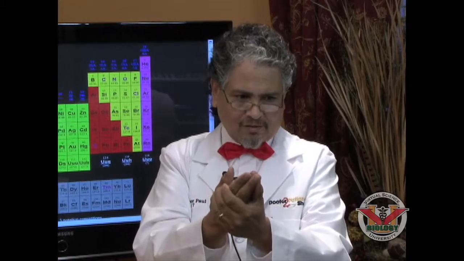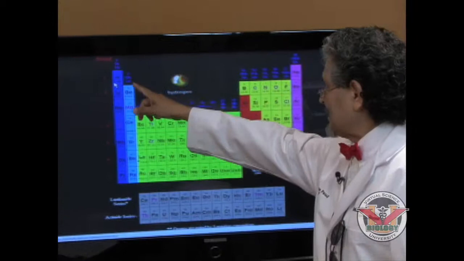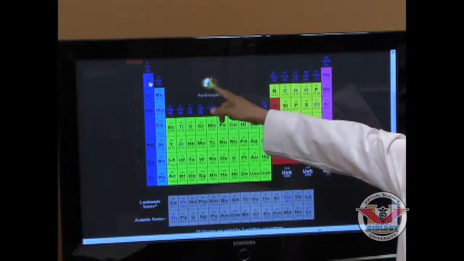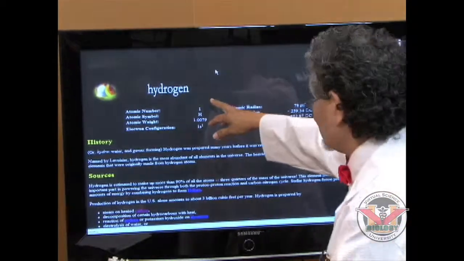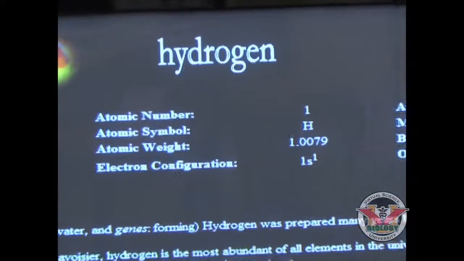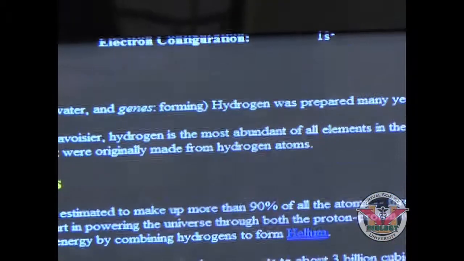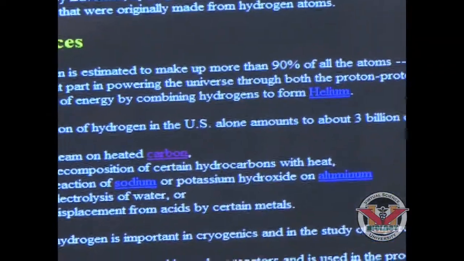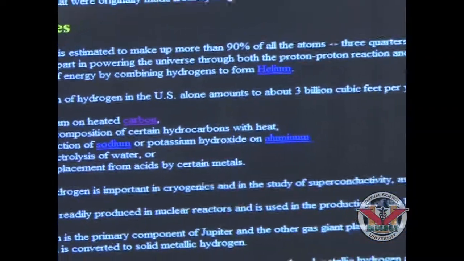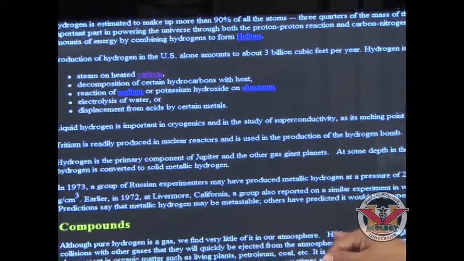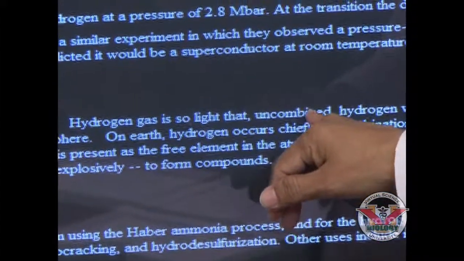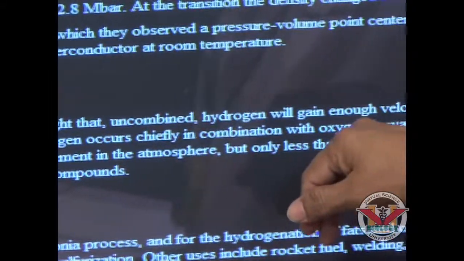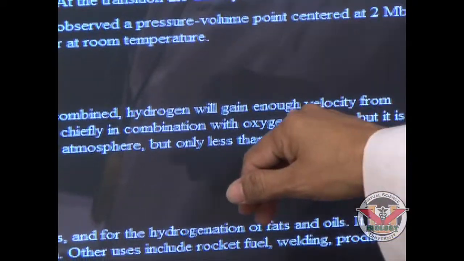The first one I'm going to start off with is hydrogen, okay? Hydrogen makes up about 10% of the weight of a human. And if you look at hydrogen here on Earth, hydrogen occurs chiefly in combination with oxygen in water.